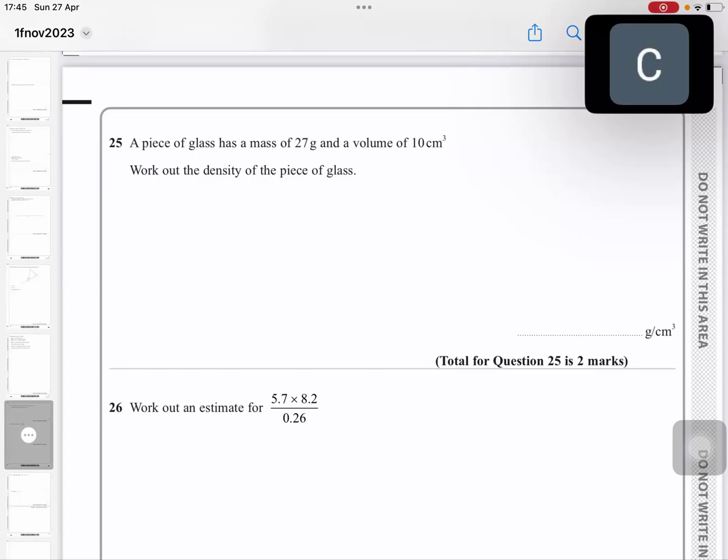Did you notice it? What that means is that the grams is divided by cubic centimeters. So that slash there is just like division. Did you get that now? That's how you are sure. But on the other side, just remember that the formula for density is mass divided by volume.